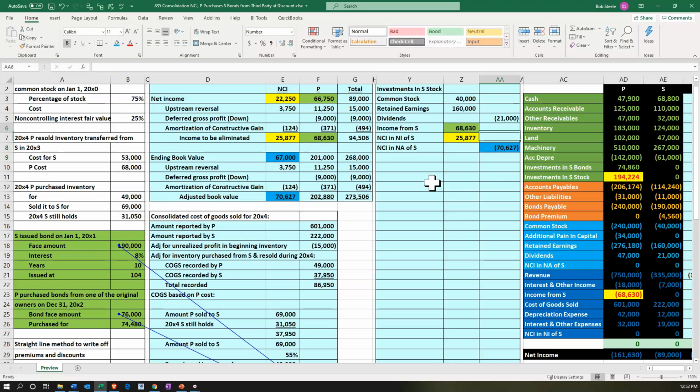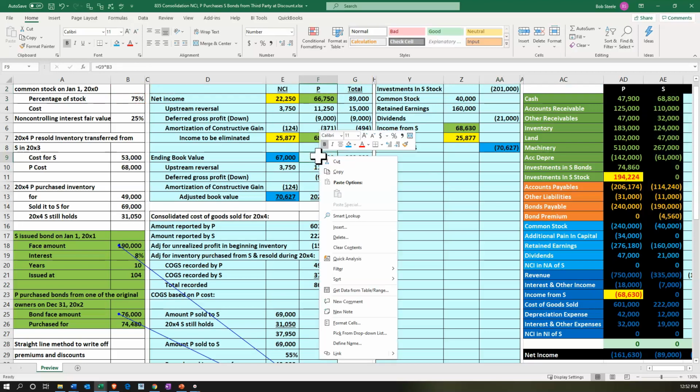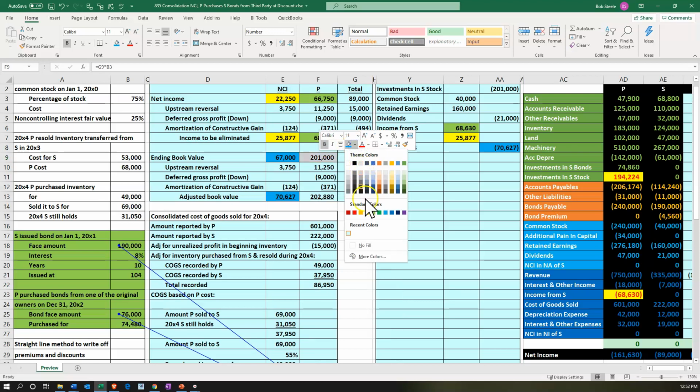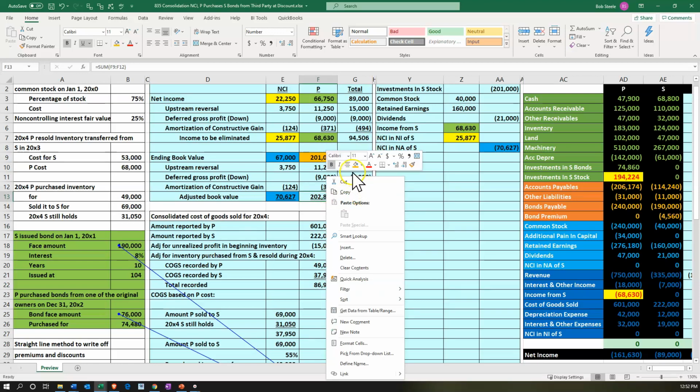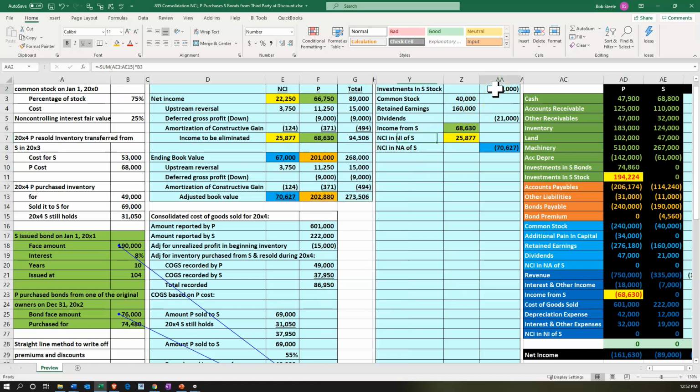And there is that. And then the other side normally would go up here, negative sum of assets minus liabilities times controlling interest, 75%. That would be the 201. That's what it would have been, but now it's going to be this. So we're going to change it because of our table.